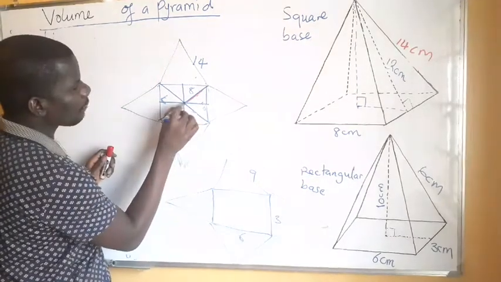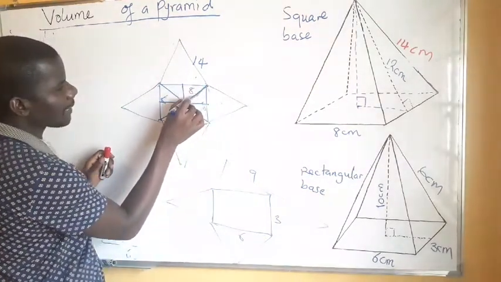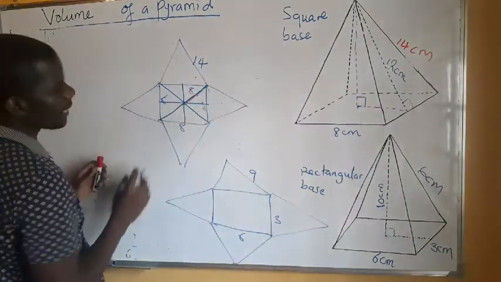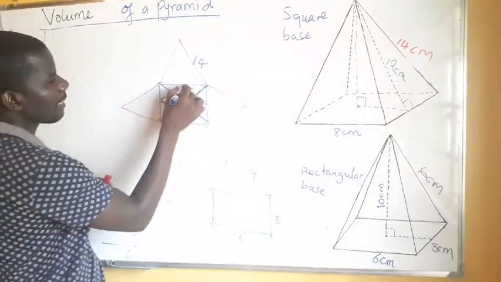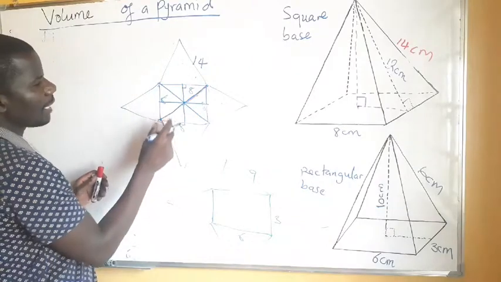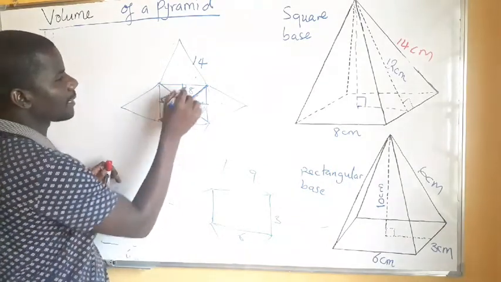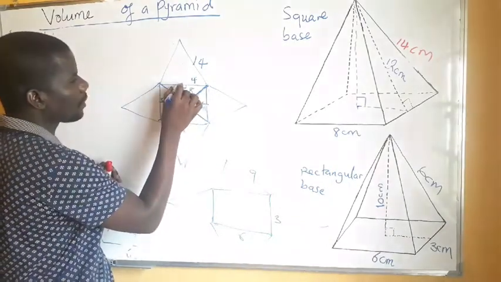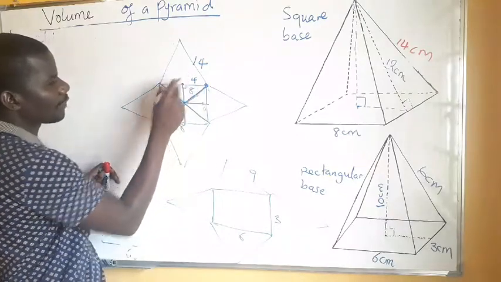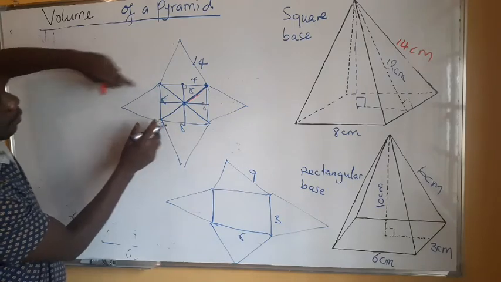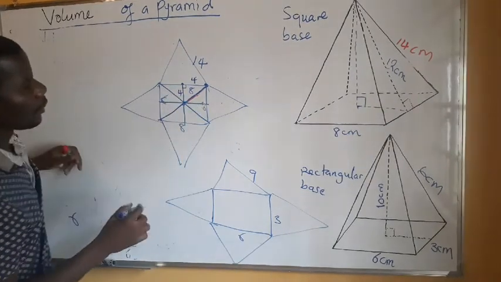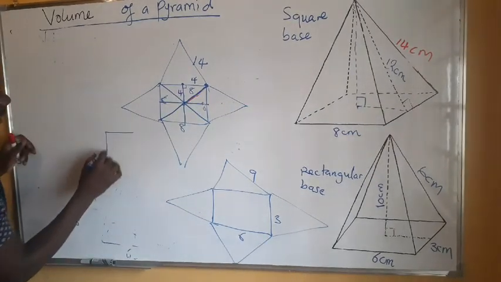Here we need this point, from this point up to this one. How do we find this height? Since we have divided this into two equal parts, this is going to be 4 here. From this point up to this one, it's 4 centimeters. Also, this is going to be 4 centimeters. So it's like we have something like this.